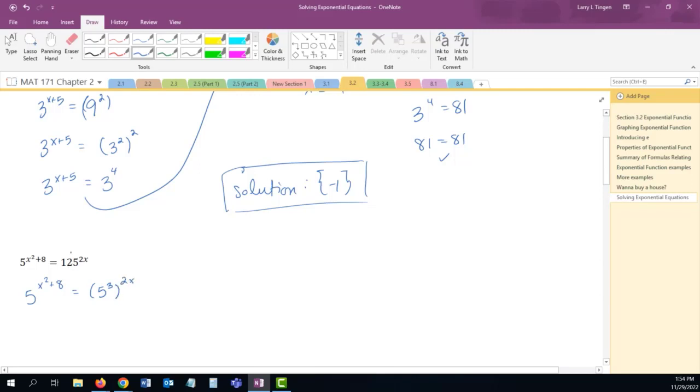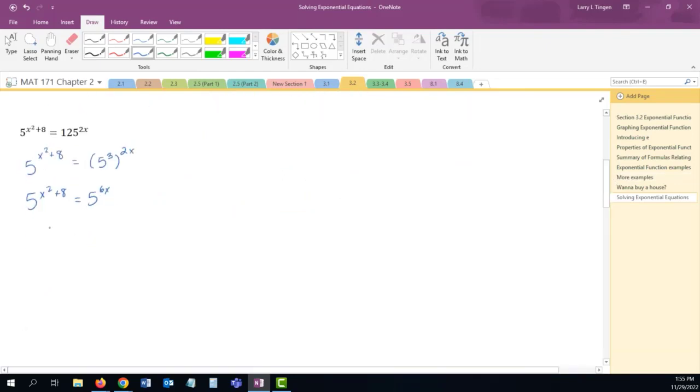And notice 125 got swapped out with 5 cubed, but I kept the relationship: this is 125 raised to the 2x, and this is 5 to the 3rd, all raised to the 2x. They're the same thing. Raising a power to a power means multiply. So 5 cubed raised to the 2x is 5 to the 6x. And the rule says that I've got the same base, therefore the powers are equal.